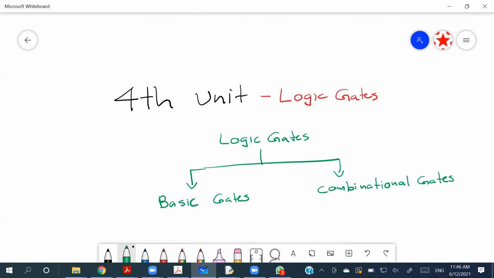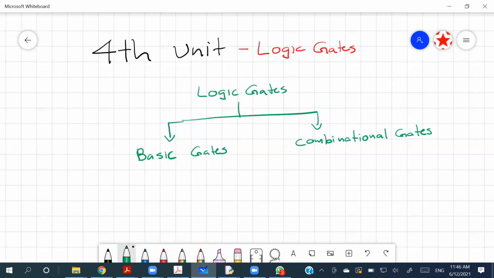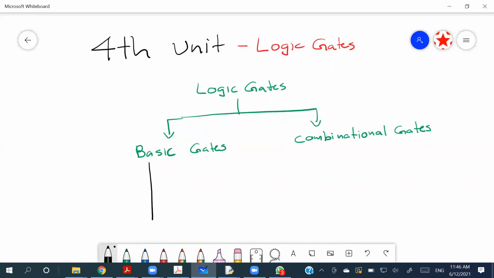All right. So basic gates has four different types, which we call NOT, AND, OR, and XOR.